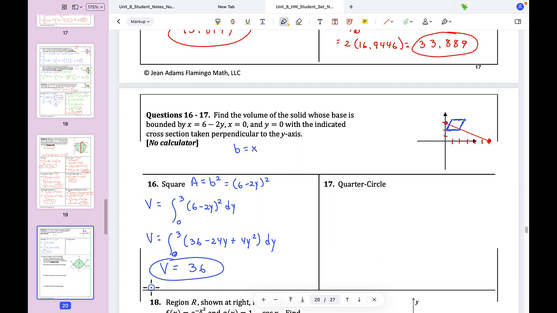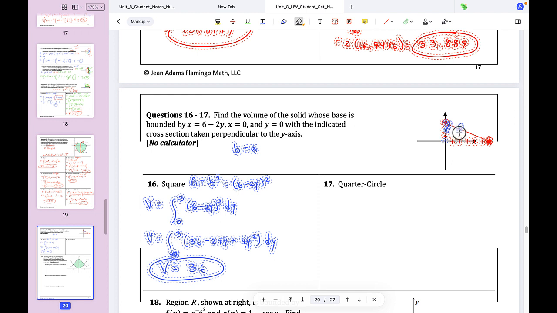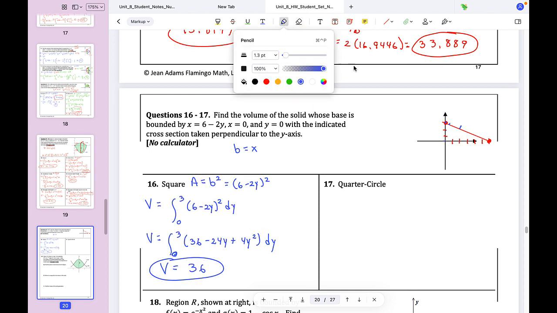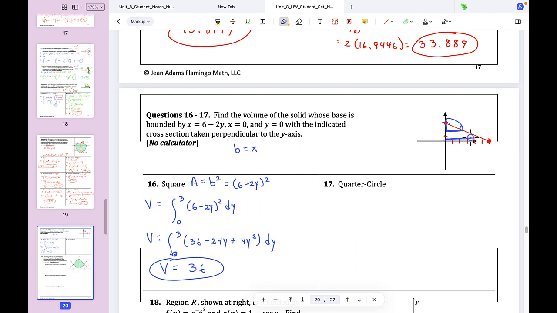Okay. Number 17, we're looking at quarter circles. So we're looking at something like this, a bunch of quarter circles like that.